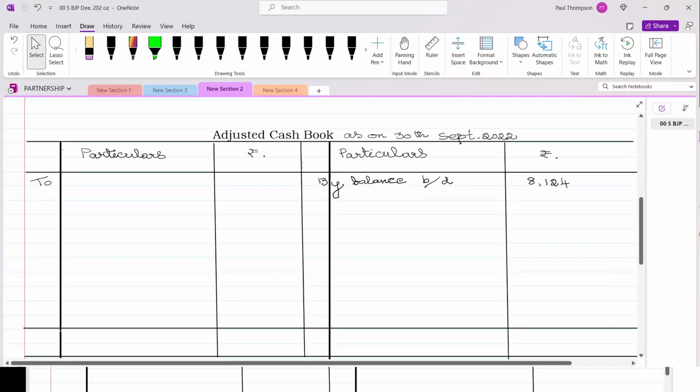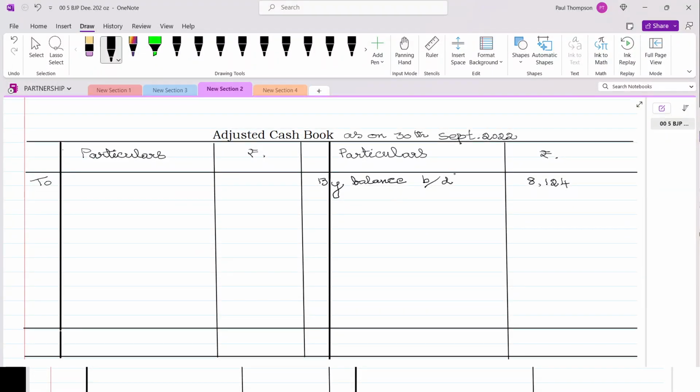So starting with the balance brought down, because it is an overdraft. Overdraft means it is a credit balance as per cash book. Now the first item we are going to take into our cash book is item number 2, a payment of check 32,000 was written twice in the bank column. So we have to write it to 2. This will be our date column.